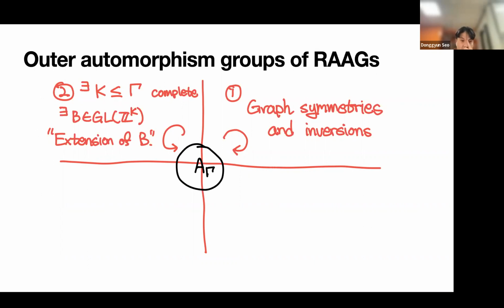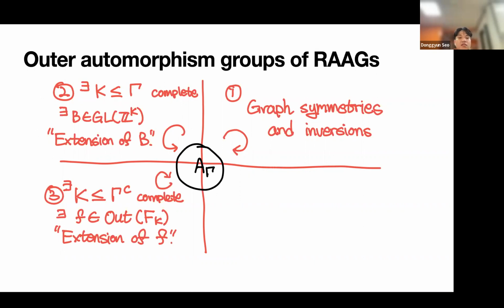The third type of automorphism is also dual to the second. So we can take K in the complement graph of gamma. It means that the induced subgraph of K in gamma is an edgeless subgraph.